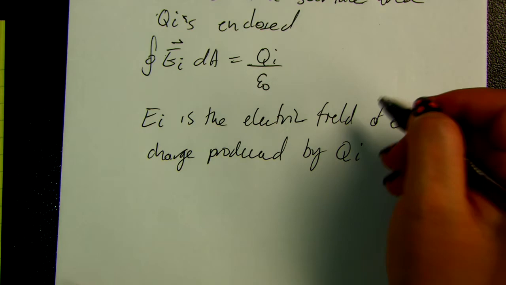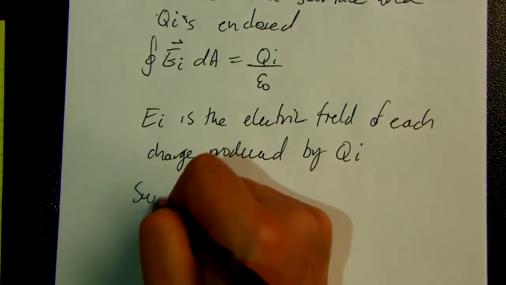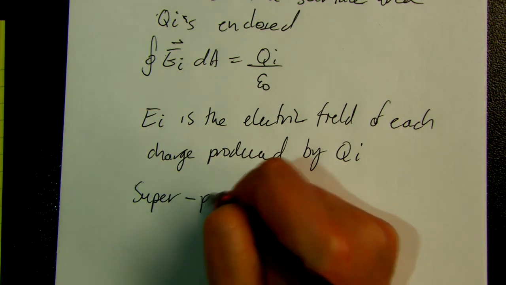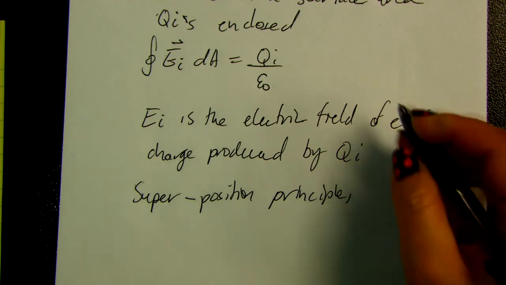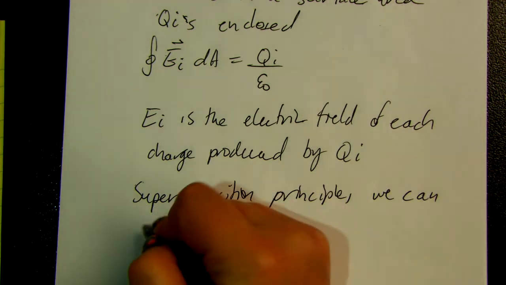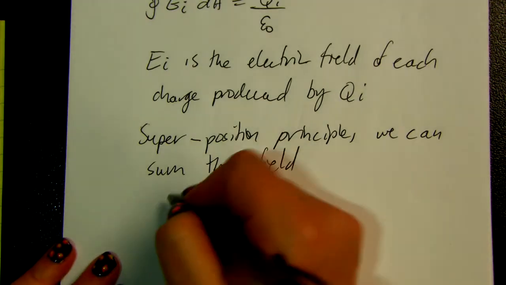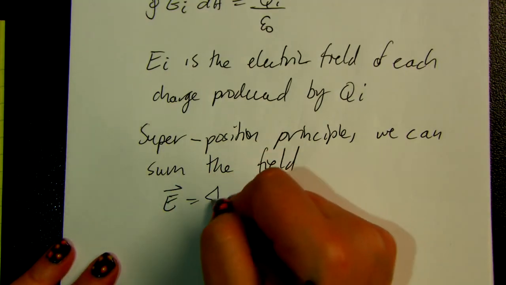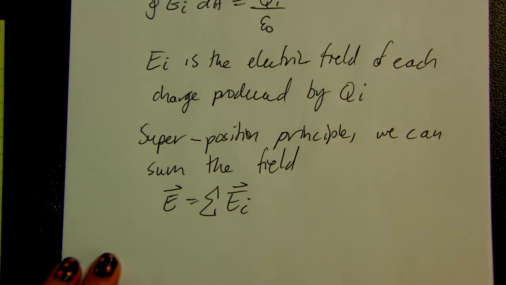And using the superposition principle, you could just sum these together. So we can see this from the superposition principle. We can sum the fields. And you get that the electric field is going to be the result of all of the electric fields of all of the charges inside summed together.